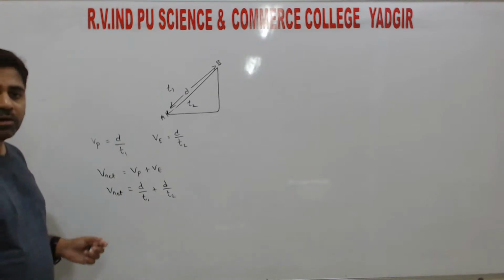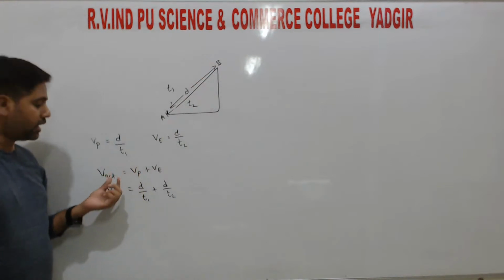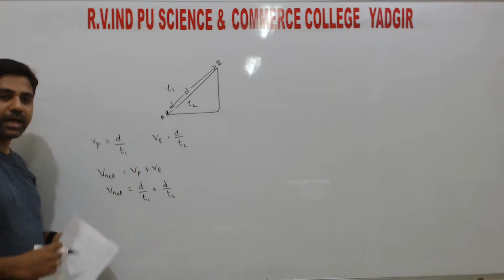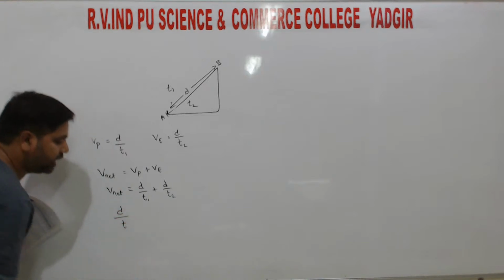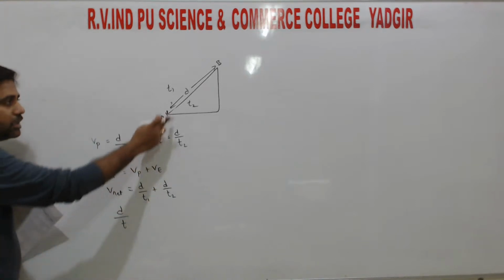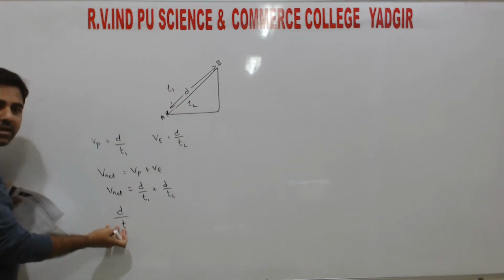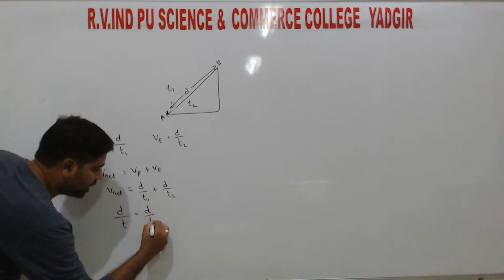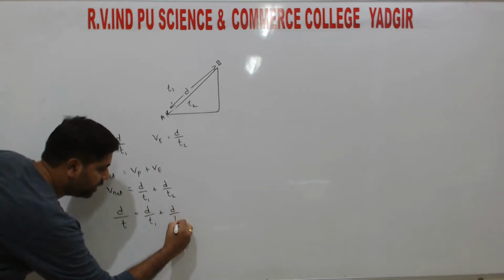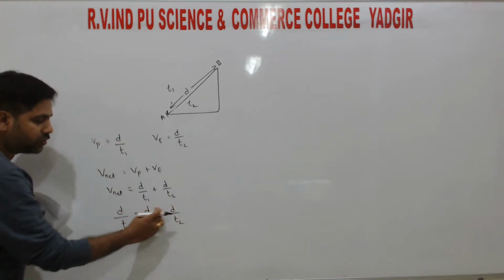Again from the formula, velocity is equal to distance by time taken, that is the net distance by time taken, right? So d divided by T. So T is the net time taken by the Preeti and also the escalator. So that one we directly take as T or T net, right? So that is equal to d by T1 plus d by T2. So in the LHS and also in the RHS, d is common, right?